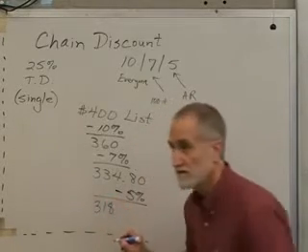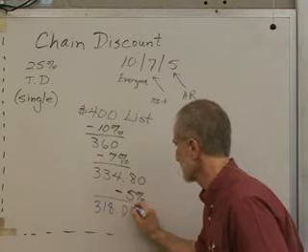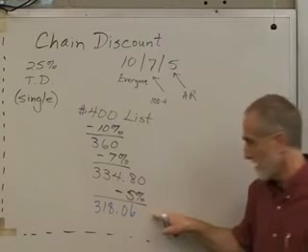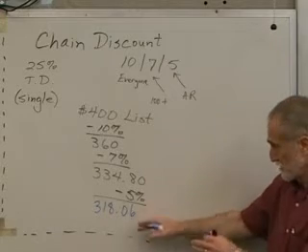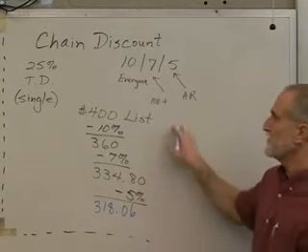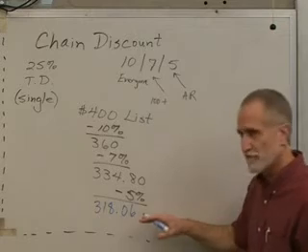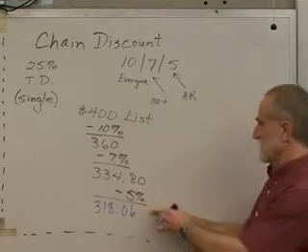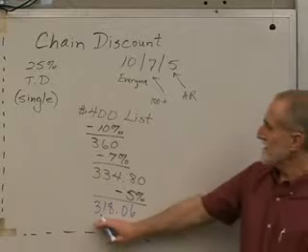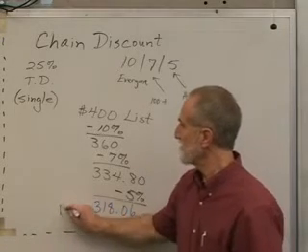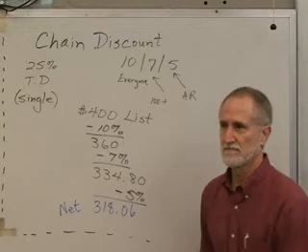And if it did not come out even, we would round it to the nearest penny. Anytime we're doing financial things, you never want to round anything until you write down your final answer. But normally we go to 2 decimal places. So 318.06 would be our net price after those 3 discounts.